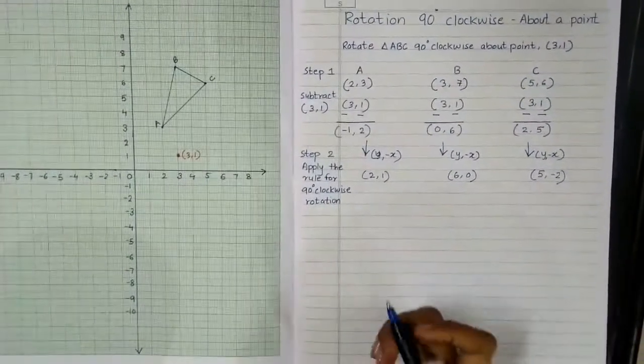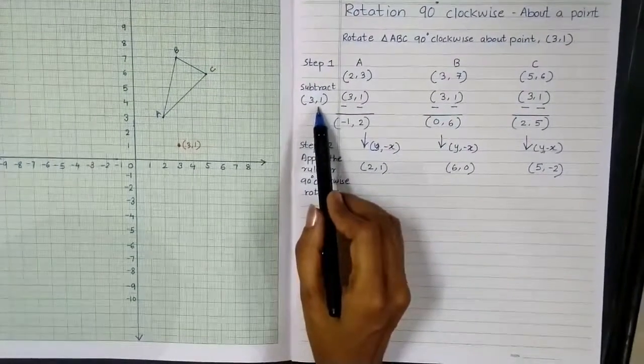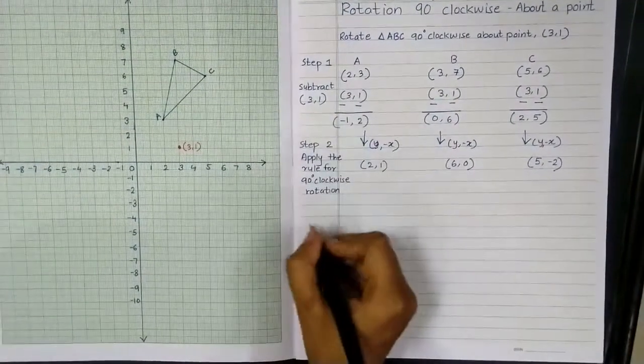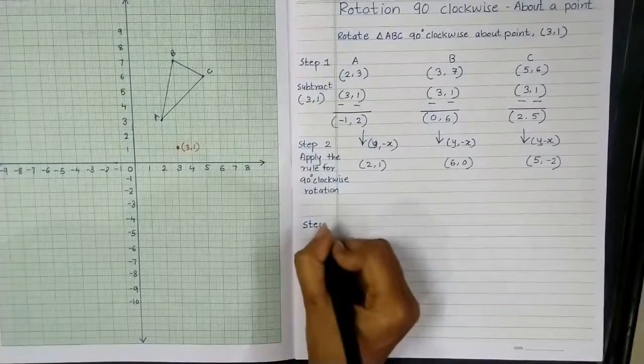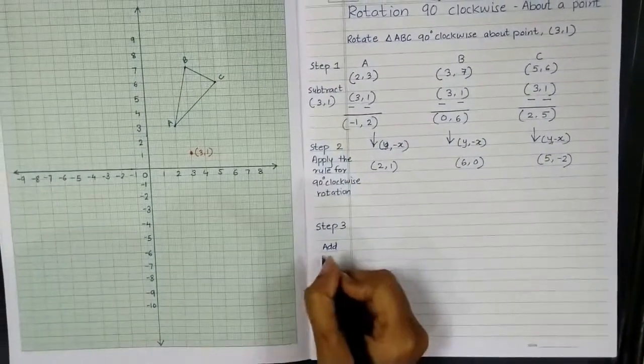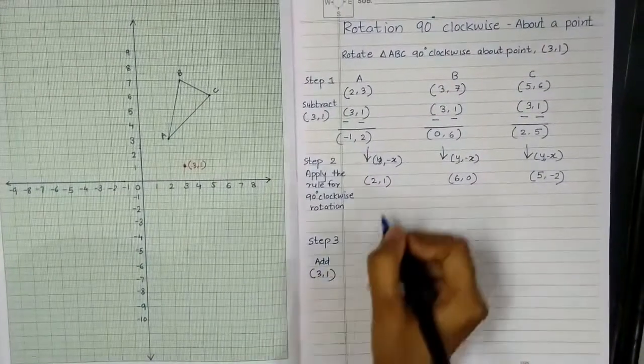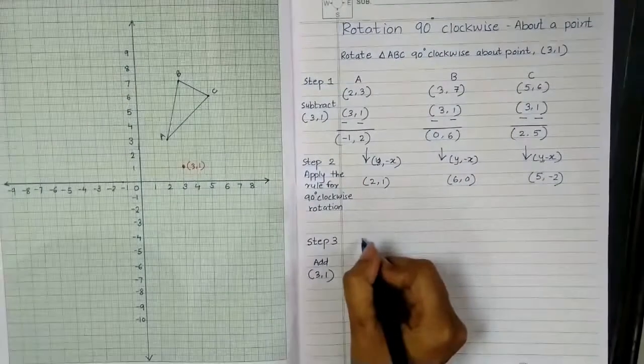Now what we have to do is the point about which we were rotating, we have subtracted that in step 1. In step 3 we have to add that point again to our plotting. So add (3, 1) to the points that we obtained here.